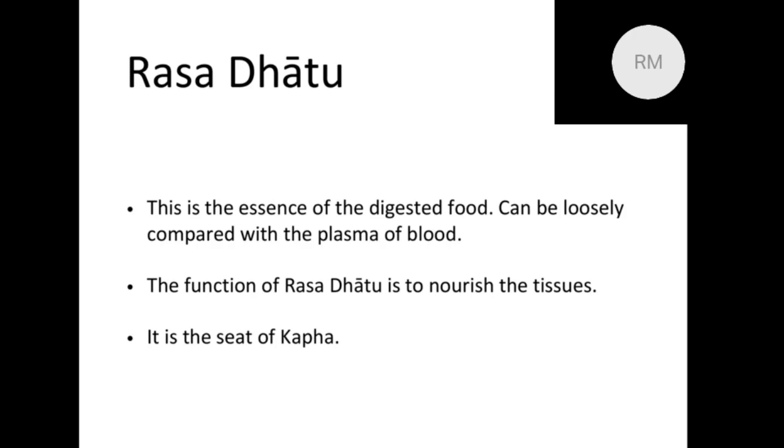So only the Rasa Dhātu comes out, it forms both the intracellular and extracellular fluid. Plus it also represents the plasma component of blood. So this is a brief description of Rasa Dhātu. Is this point clear?